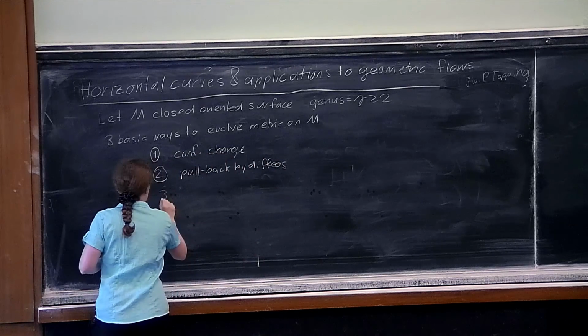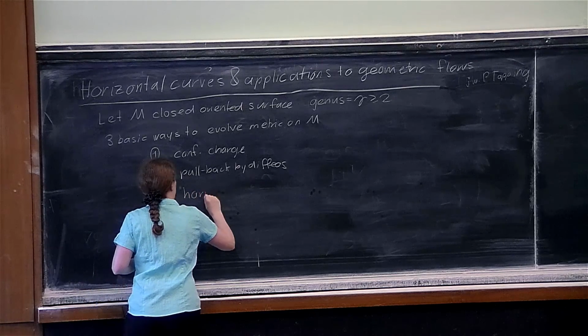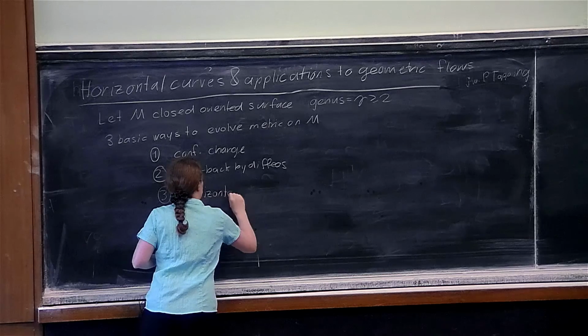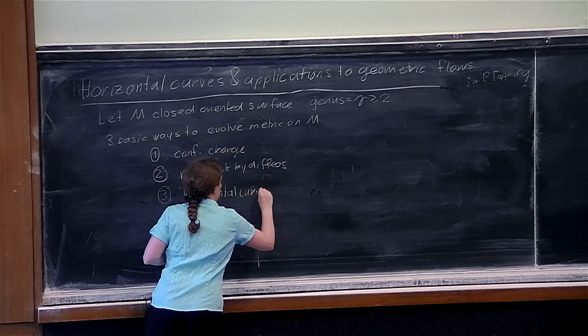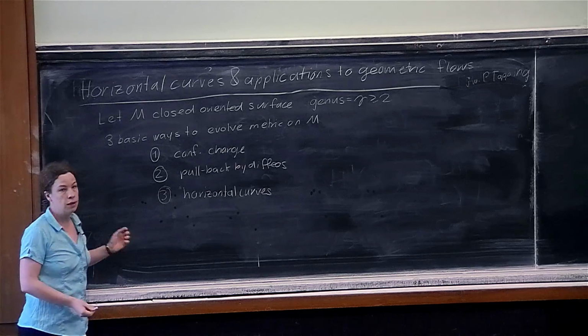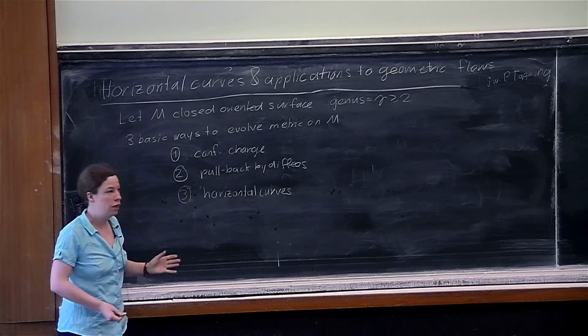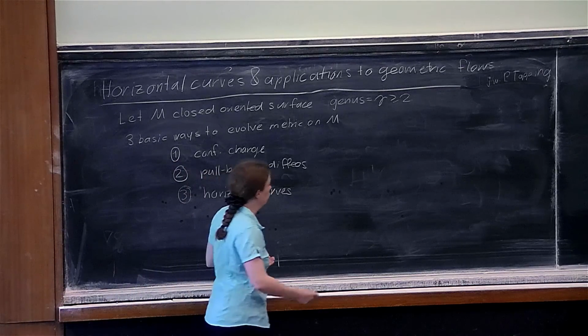And then there's a third type that I want to talk about here, and that's horizontal curves. And I say there's these three basic types because you can build every curve of metrics out of these three types of evolutions in a quite simple way.